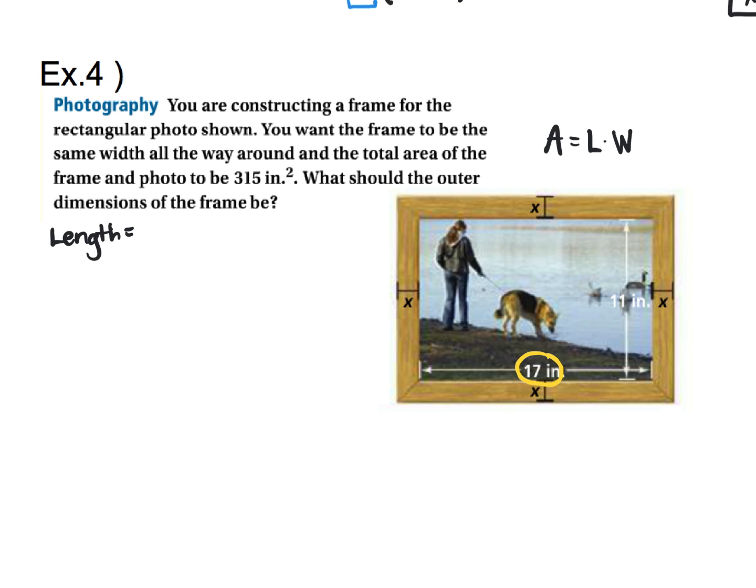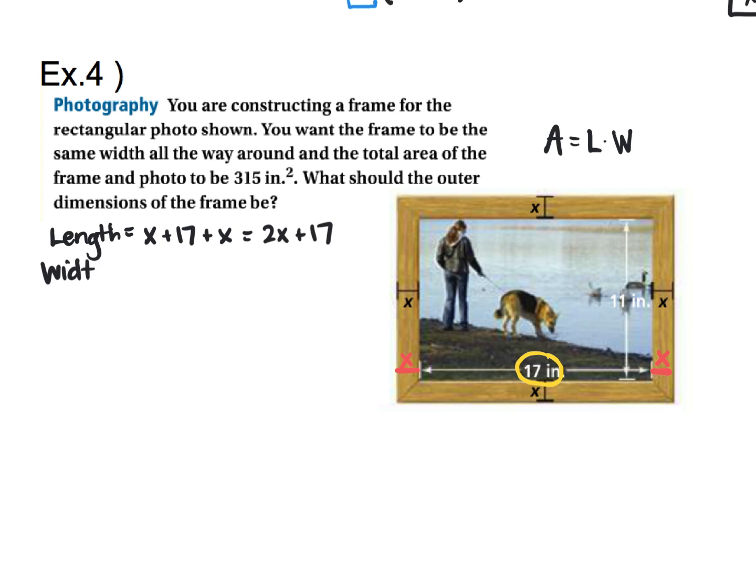So we've got an edge of wood on this side, on the right, and then we also have the wooden edge on the left. And according to the picture, those are labeled both as x. So the length going all the way across is x on the left, plus 17 in the middle, plus another x on the right. So x plus 17 plus x all the way across from side to side. So that's 2x plus 17 if we've combined like terms.